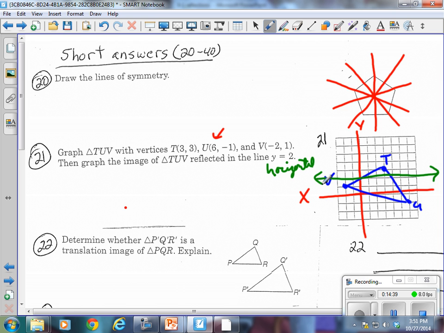So V started there, and it's one space below our line, so we want it to be one space up. That's going to be V prime. T was one space above the line, so it's going to be one space below. That's going to be T prime. U was 1, 2, 3 spaces below it, so it's going to be 1, 2, 3 spaces up. That's U prime. We connect those. And our image should look something like that.